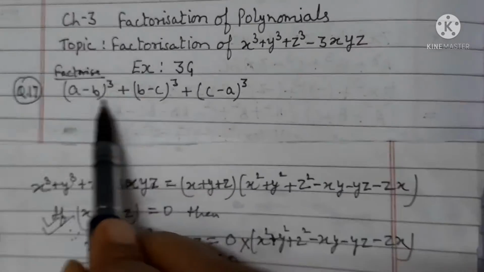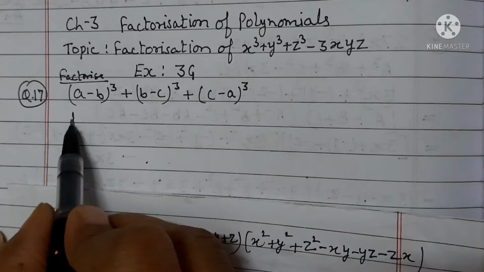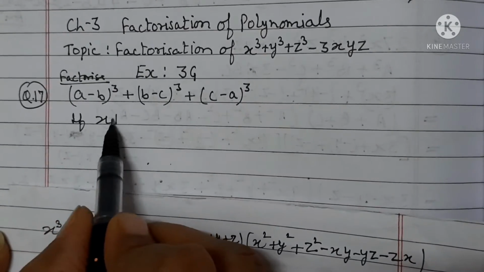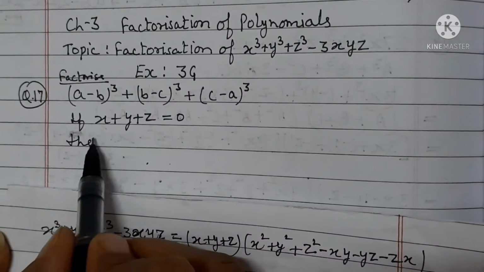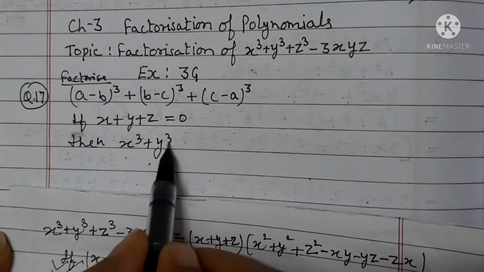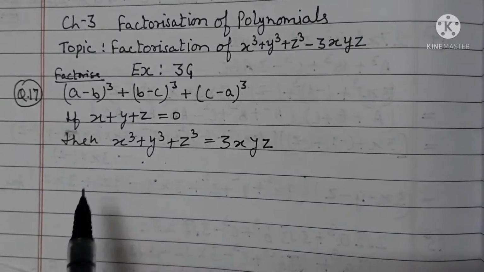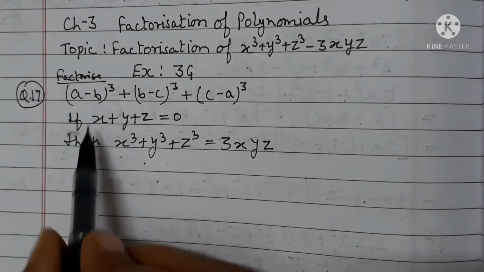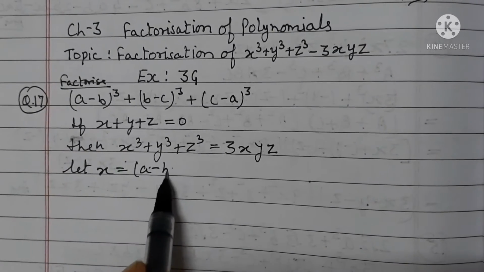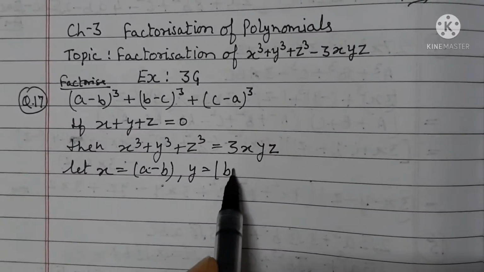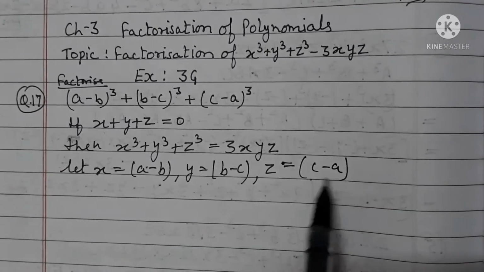So we will use it here in the question. You can write here, if x plus y plus z is equal to 0, then x cube plus y cube plus z cube is equal to 3xyz. So here let x be equal to a minus b, y equal to b minus c, and z equal to c minus a.